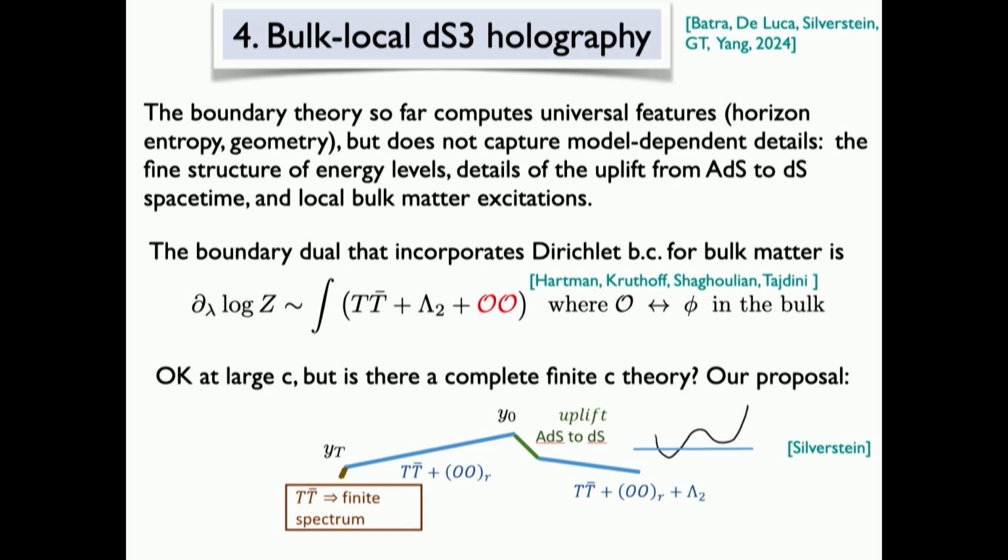For example, if you do ABJM, so you have AdS4 cross S7, then that S7 will have to be turned into a hyperbolic manifold that will change the symmetries you're mentioning when you do the uplift. So in particular, the uplift will be responsible for modifying those model-dependent aspects.